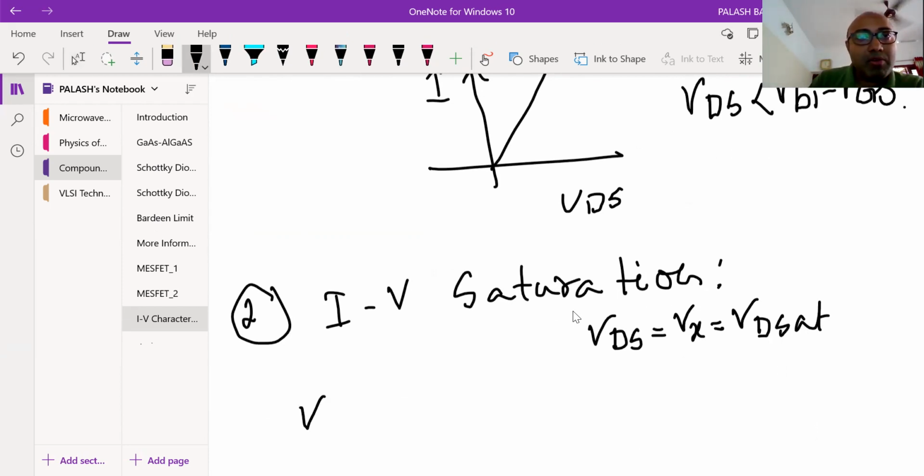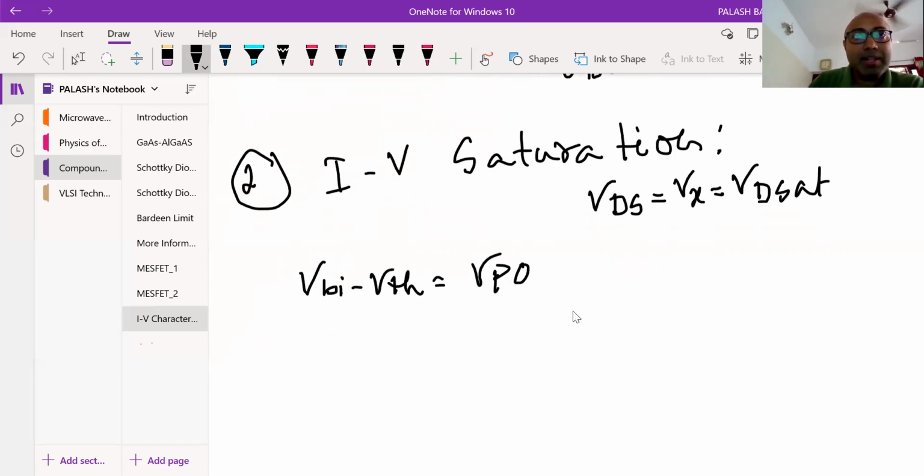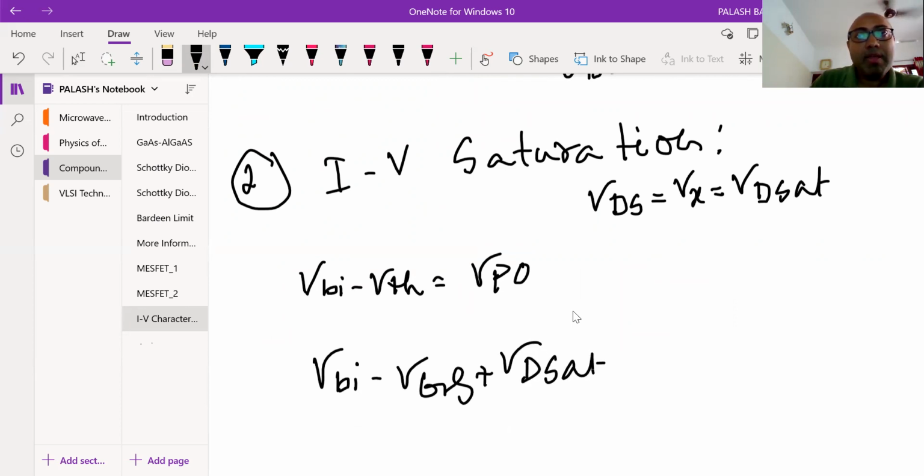Couple of things. You know our formula for VBI minus V threshold is equal to VP0, and VBI minus VGS plus VD sat is equal to VP0. We had this discussion last time, right?